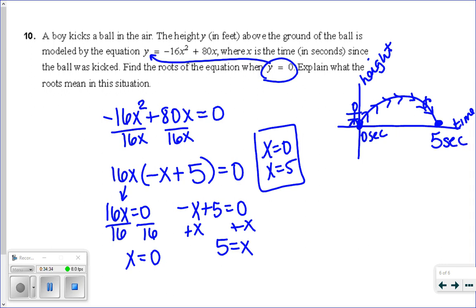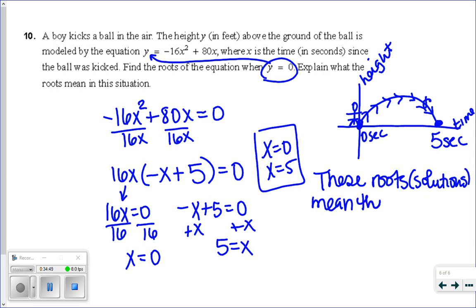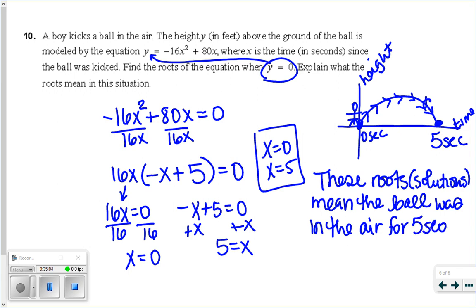Okay, so if I make an explanation here, write this down. These roots, or in other words, the solutions, mean the ball was in the air for a total of 5 seconds before hitting the ground.